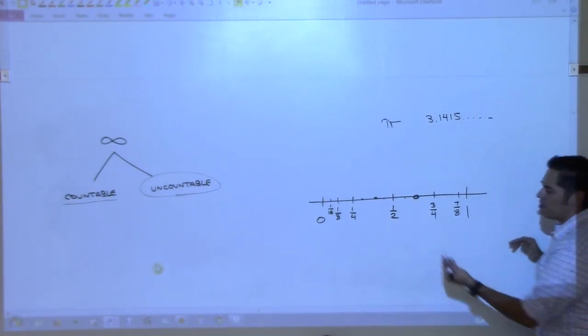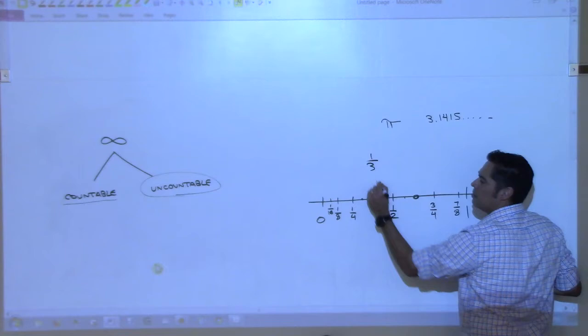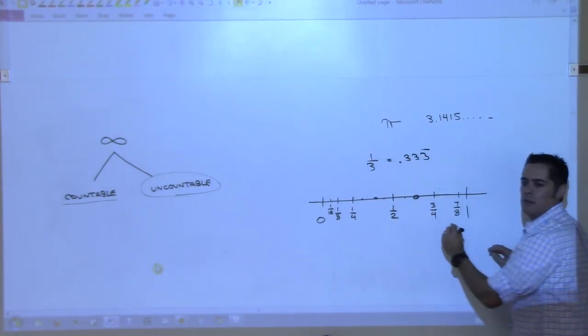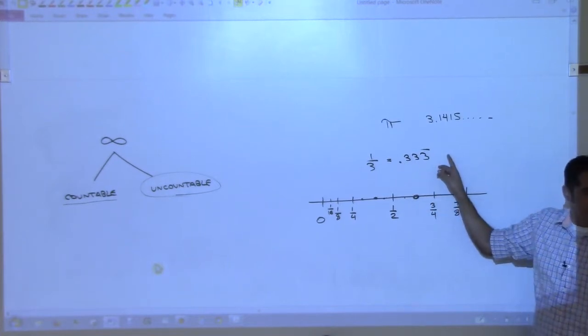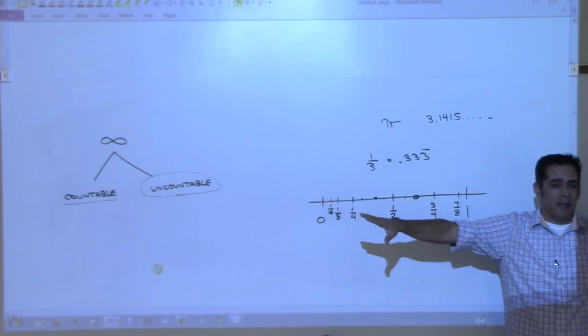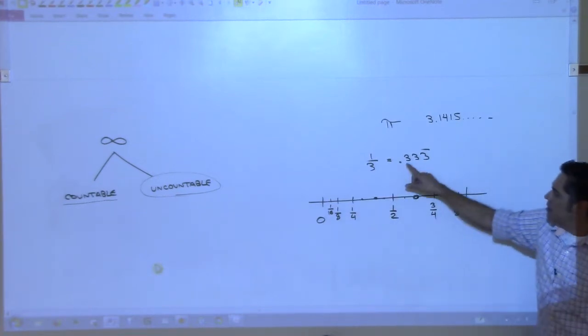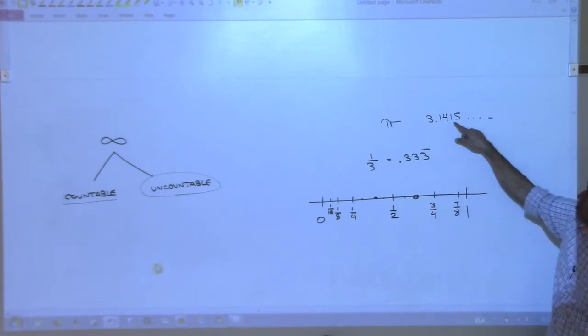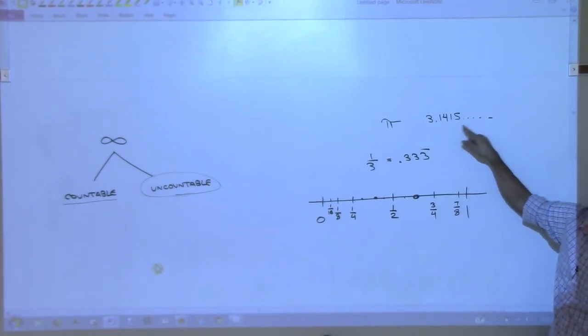As opposed to, let's say, 1/3. 1/3 is 0.333 forever, right? It never stops, but it has a pattern. Every fraction out there, the decimal either stops or it repeats. The numbers that don't stop and don't repeat are called irrational.